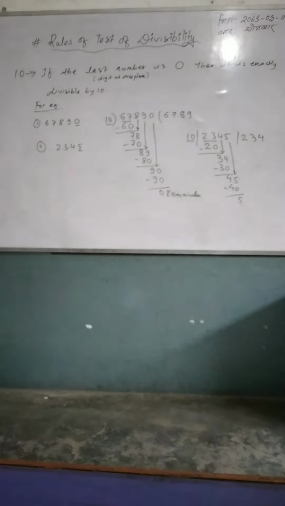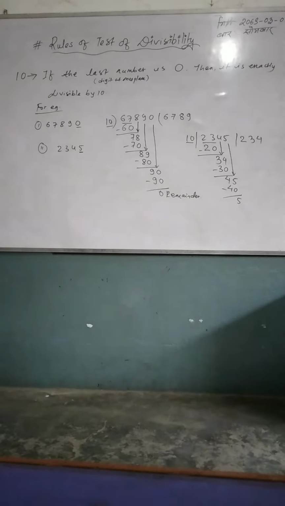What should be there at last so that we can say the number is divisible by 10? 0. Exactly 0. For 8, what do you have to check? The last 3 digits. You have to look at the last 3 numbers, and check whether they are exactly divisible by 8. The whole number need not be checked. By 5, the last number is 0 or 5.